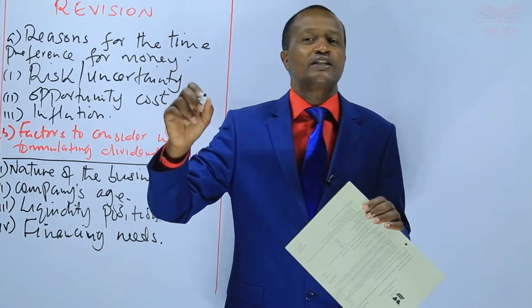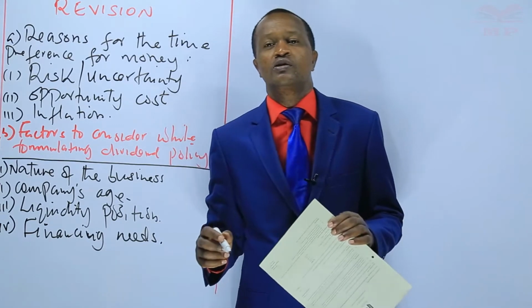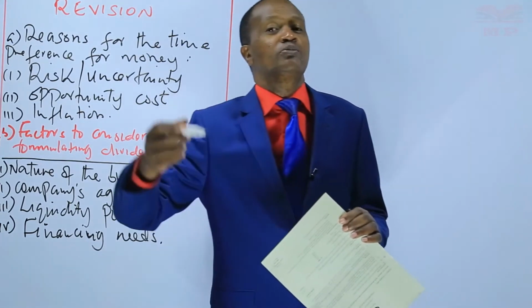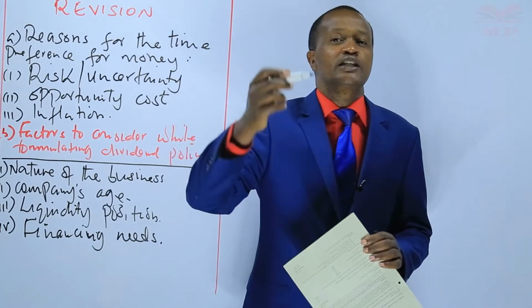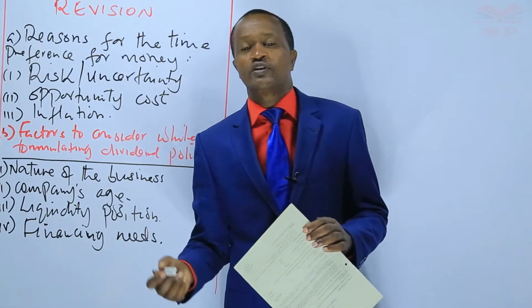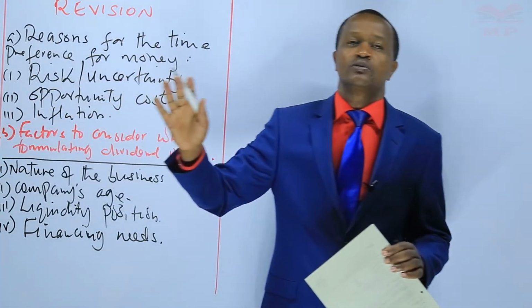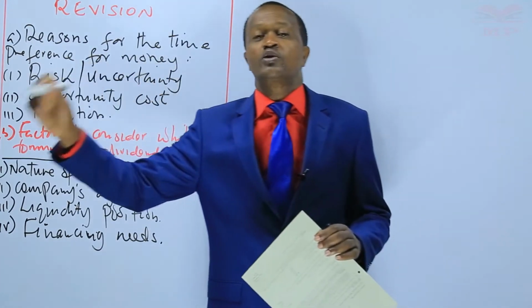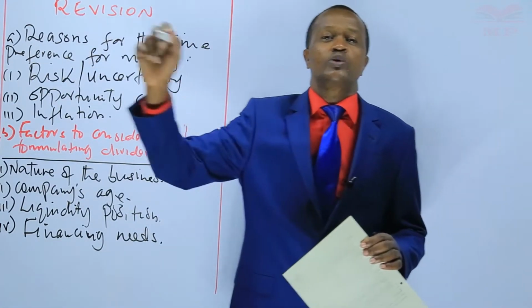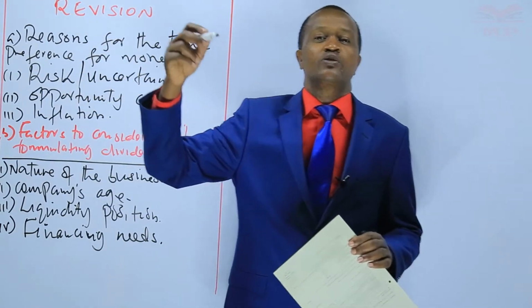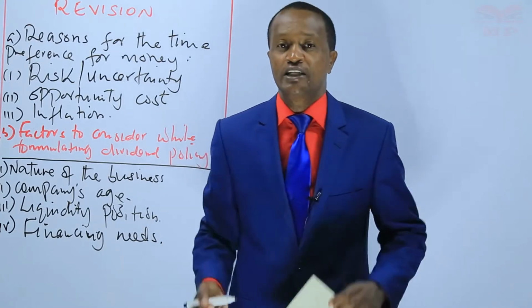But if a firm has no profitable investment opportunities or few investment opportunities, then it should adopt a high dividend payout ratio. That firm should just pay the shareholders dividends, because these shareholders can reinvest their dividends elsewhere at a higher rate of return than the company holding their money.